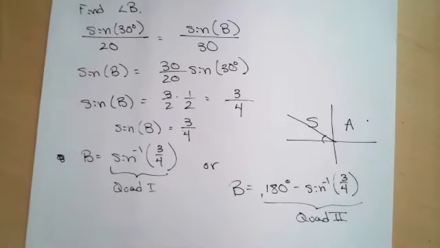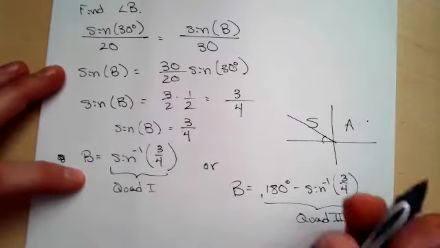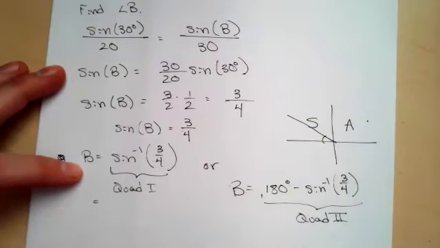Let's compute those real quick just to get an approximation for the value. So arcsine of 3/4 in degrees is going to be about 48.59.